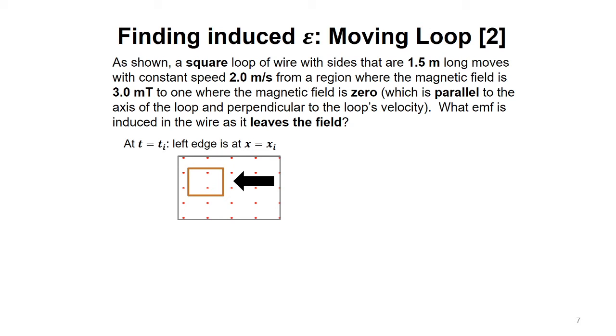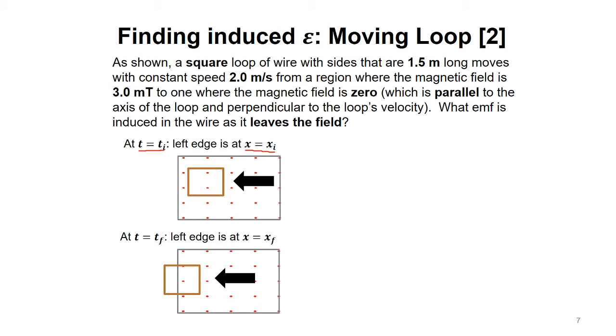Okay, so let's try to figure out how the area is changing. Let's say at time t initial, we have the loop somewhere over here, at some location x initial. And then at a different time t final, the left edge is at a different location, x final. So let's mark x initial and x final here.